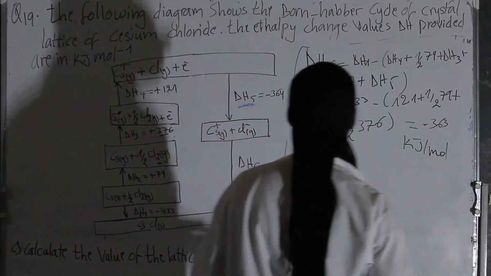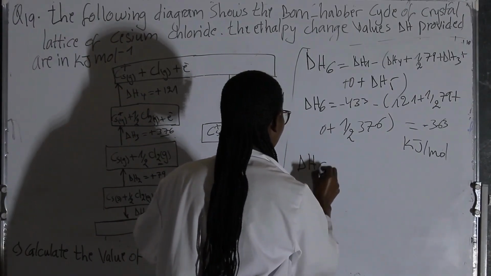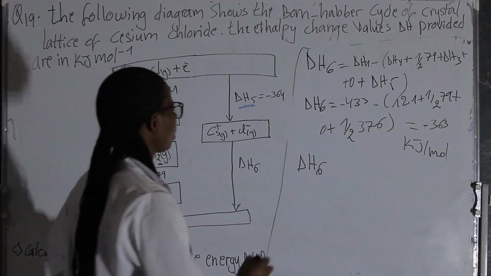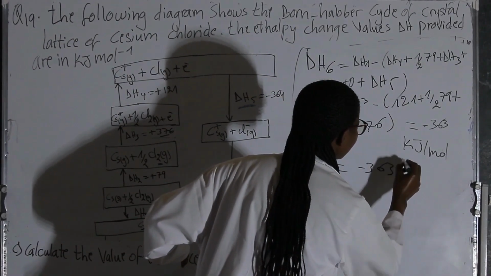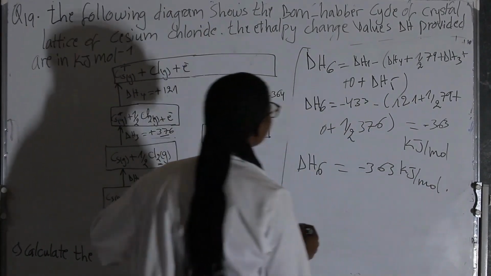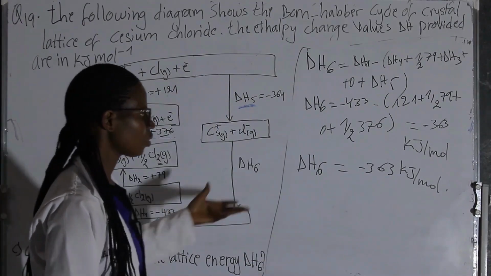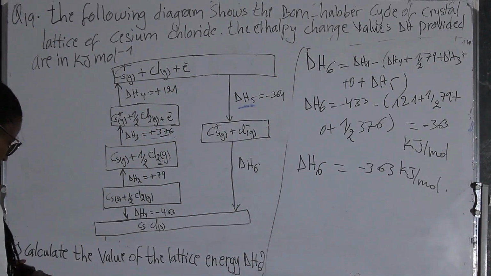By calculation, we saw this. Means the enthalpy of formation of cesium chloride will be equal to minus 373 kilojoule per mole according to the Born-Haber process or cycle. Let's move on with the next question.